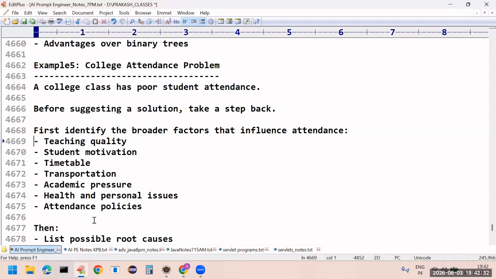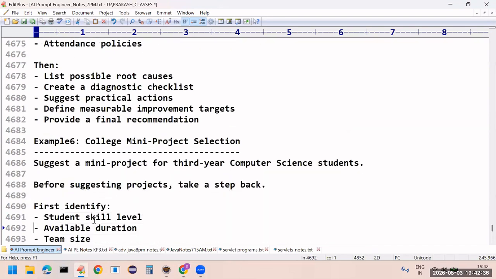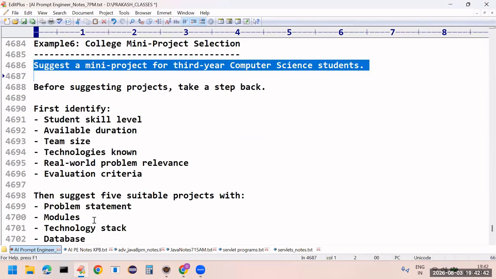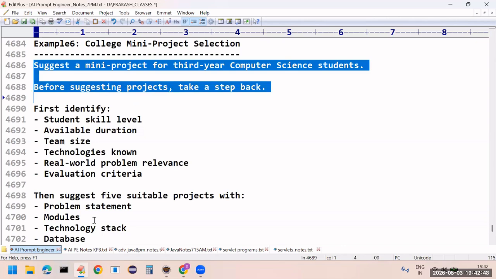Next, sir, college attendance problem, just now we covered. Sir, college mini project selection. So I want to do a mini project. I will ask it to suggest a mini project for third year computer science students. Before suggesting the projects, take a step back.